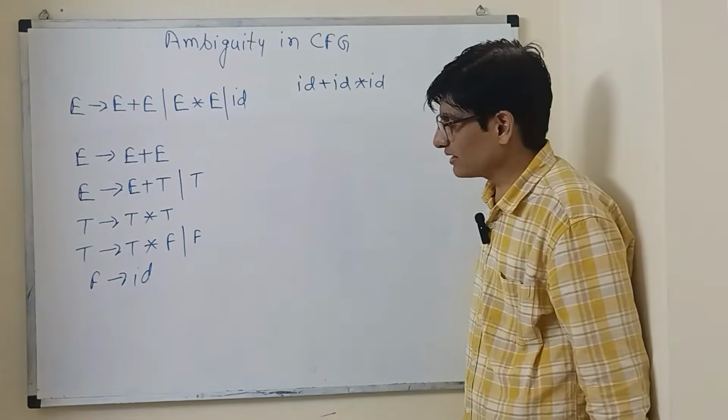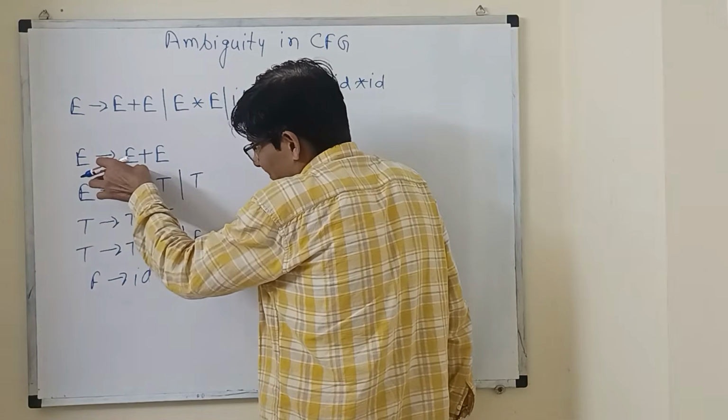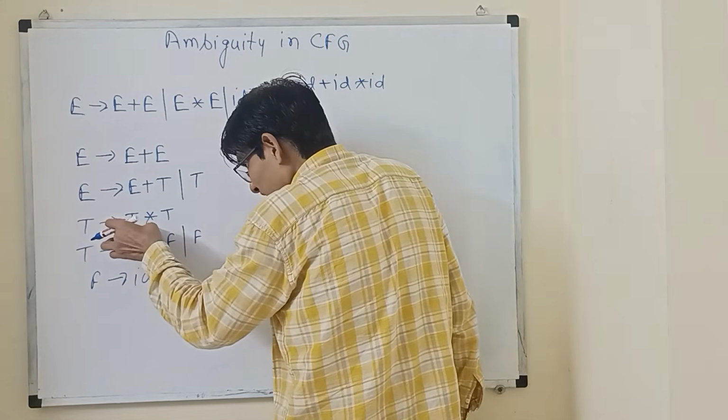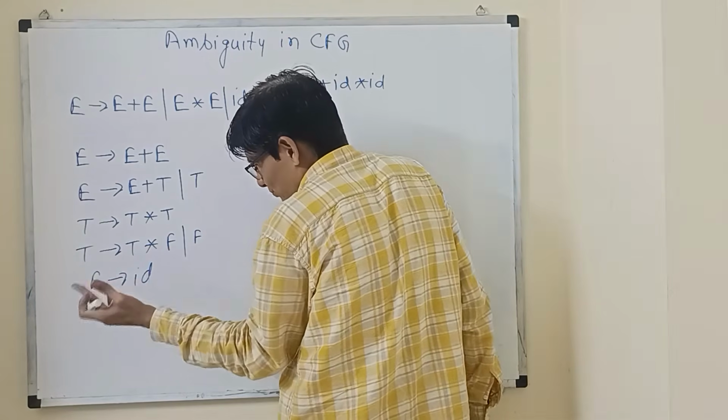So when we converted this production into unambiguous form, we got this, and this is an unambiguous production already.